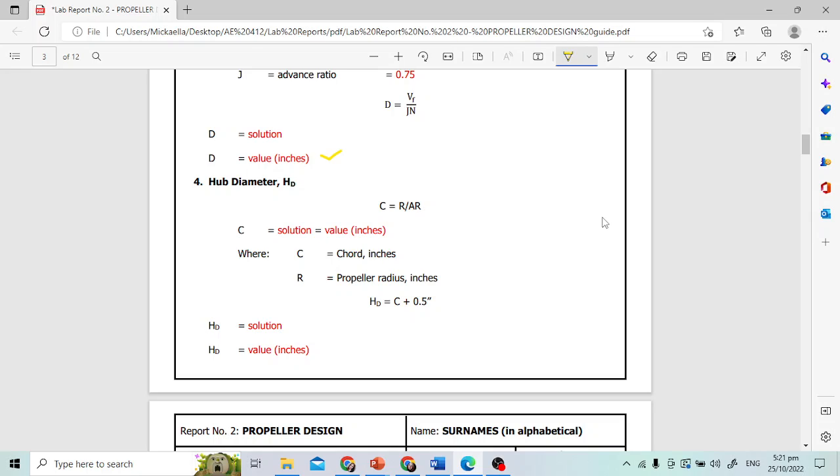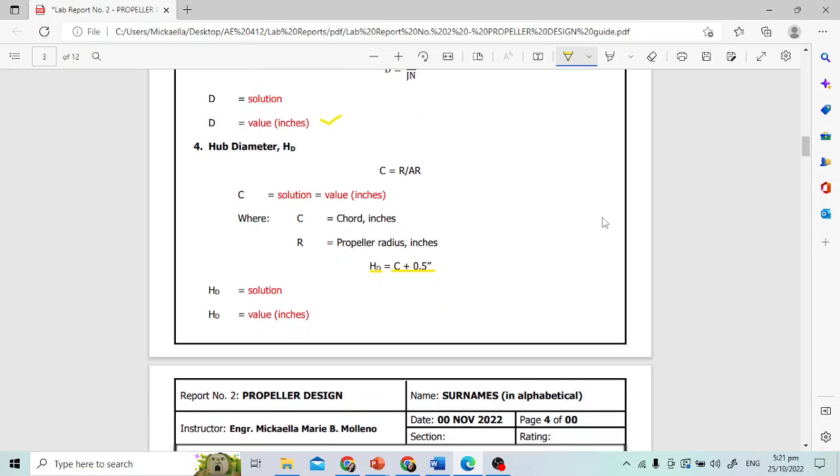So, we have here yung how to get C. We would be using the radius, which is, of course, half of the diameter, and yung ating aspect ratio, which is 6. Then, as you get C, you would be getting na yung ating hub diameter. Kasi meron ka ng C. You just kindly use this formula to get our hub diameter.